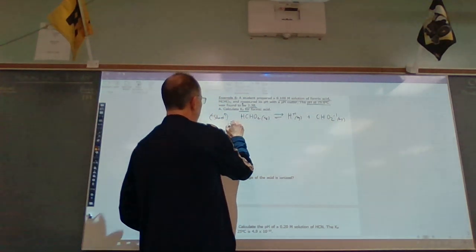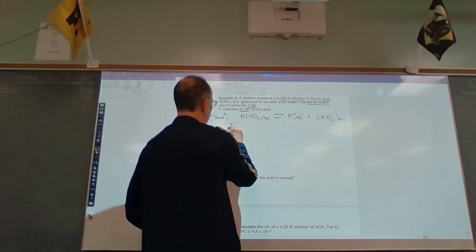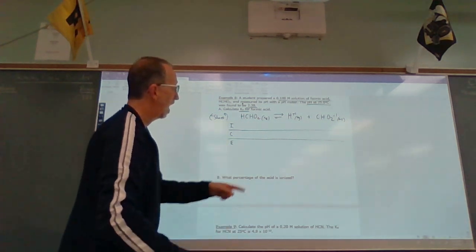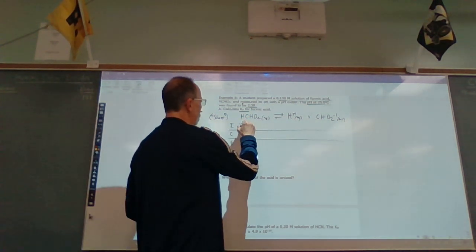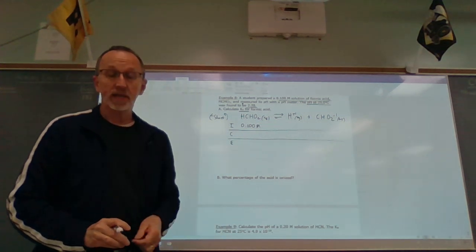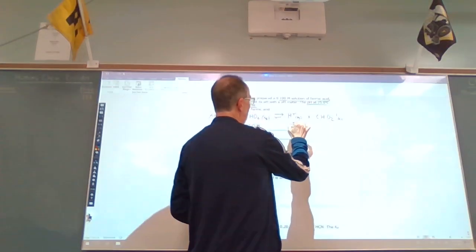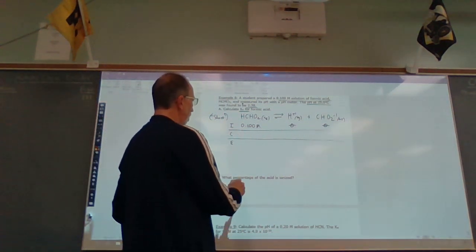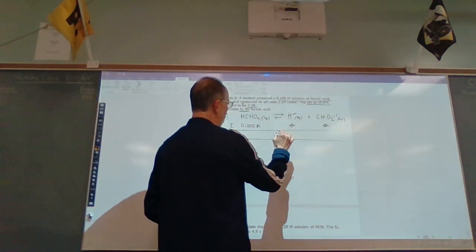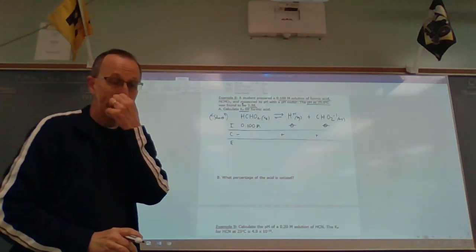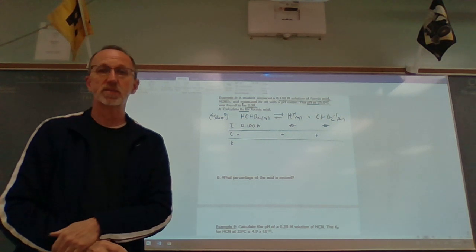So let's do an ICE chart here. We have a 0.100 molar solution of formic acid. Initially, our hydrogen ion and our formate ion are 0. Our reactant disappears and our products appear. What else do we have?